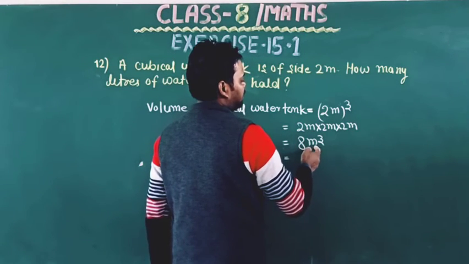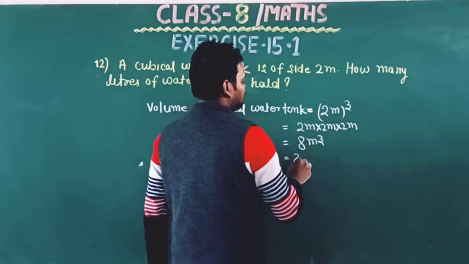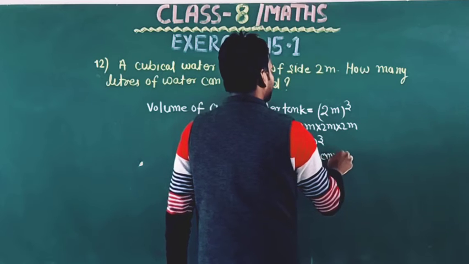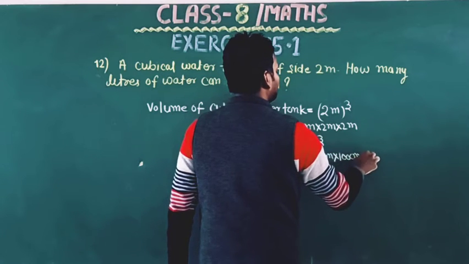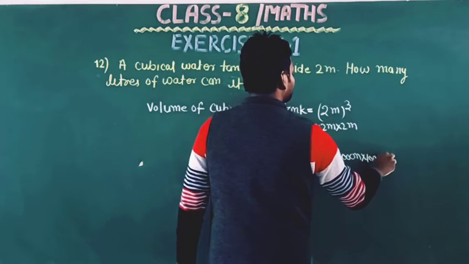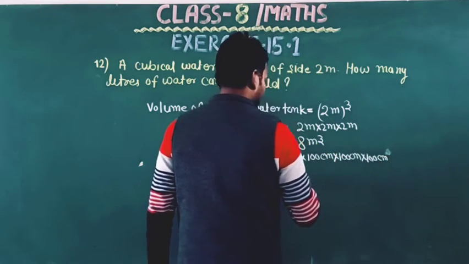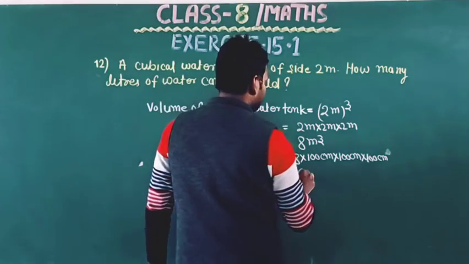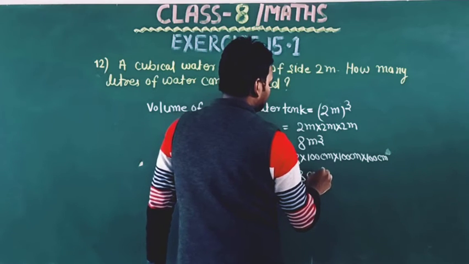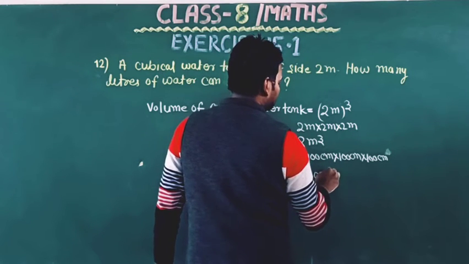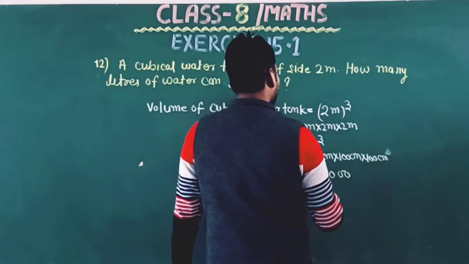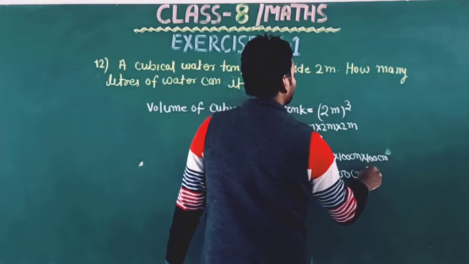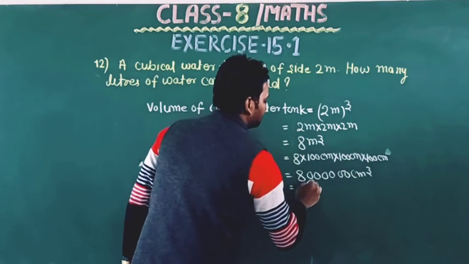First we have to convert it to centimeter, so we need to multiply by 100 centimeter three times, so this is 8,000,000 centimeter cube.